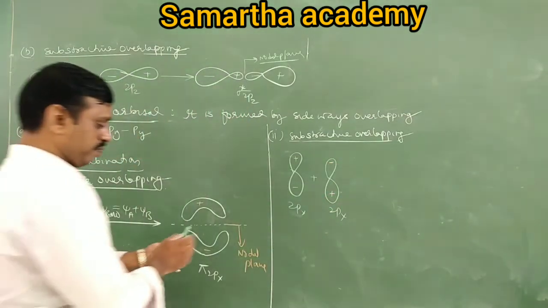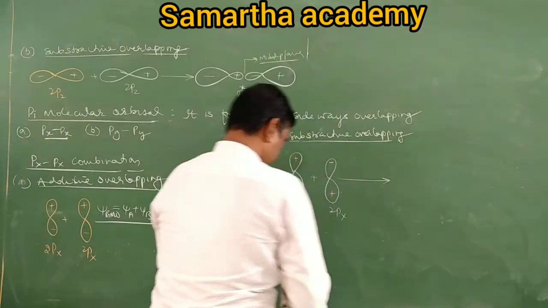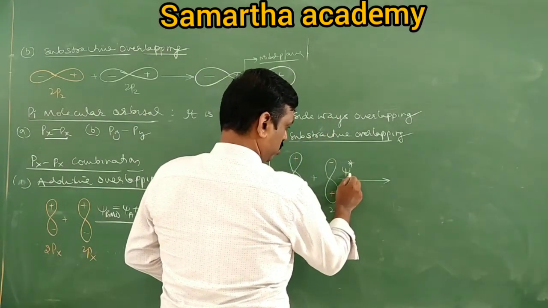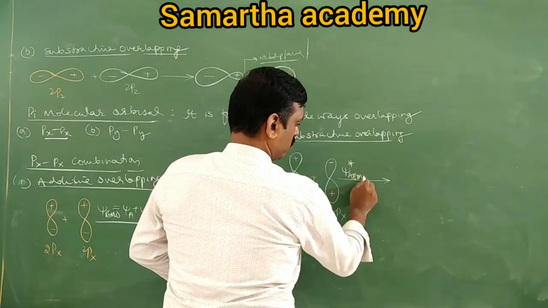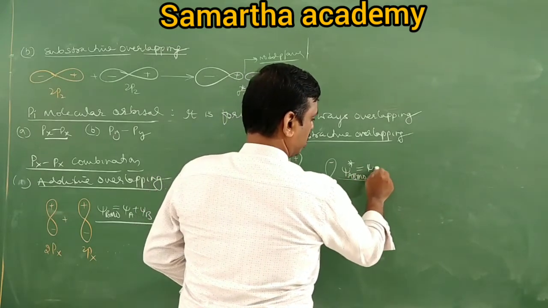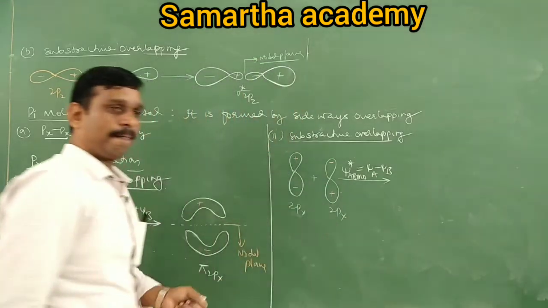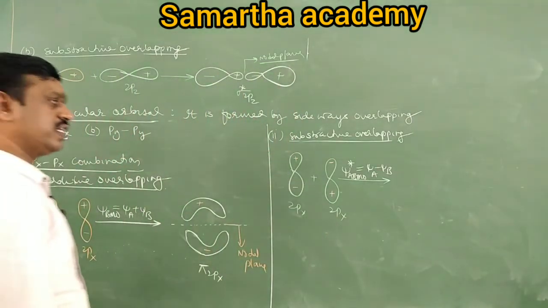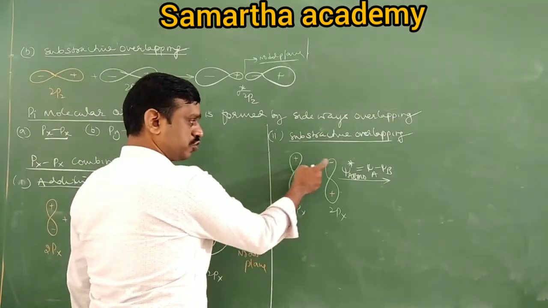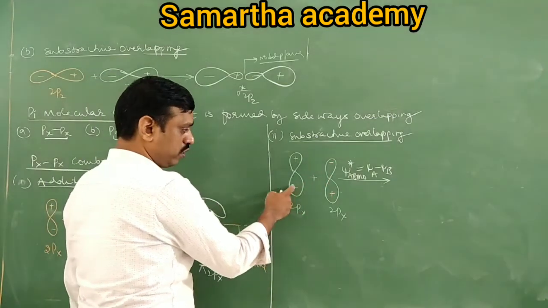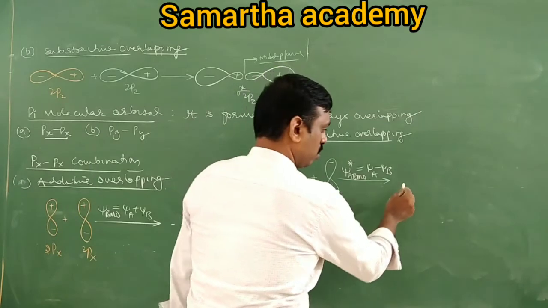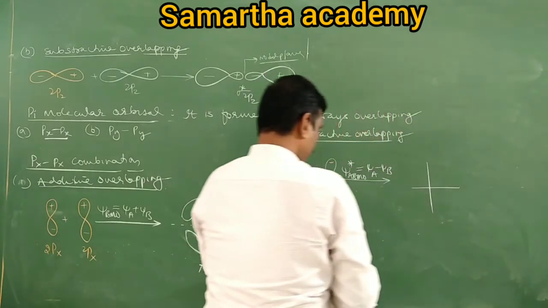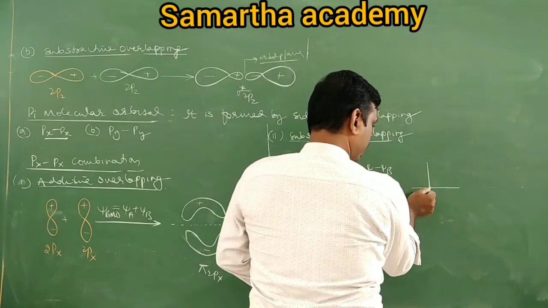So this is psi star ABMO equals psi A minus psi B, because it is subtractive. What do we expect? This positive negative, it's a destructive, because all are repel, no. Therefore, due to repelling, you will get like this.